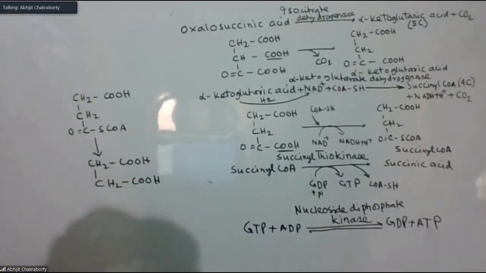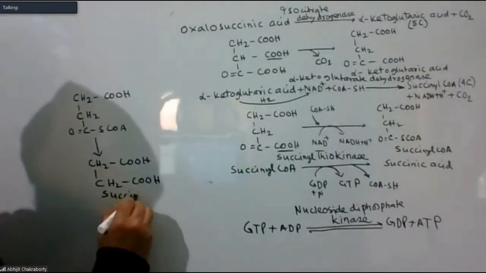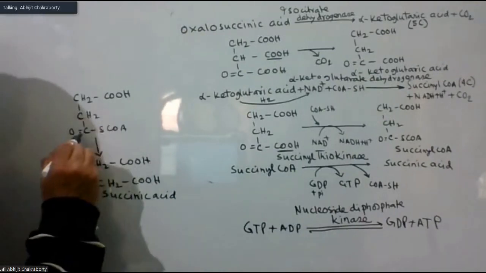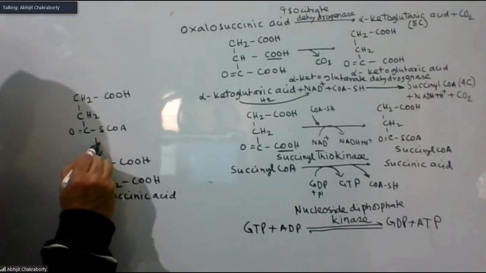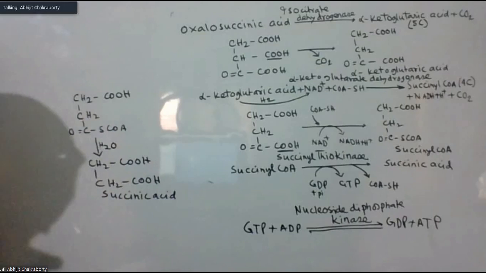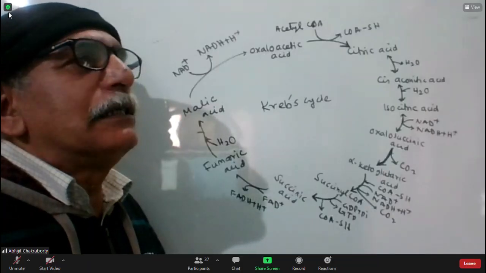This is the succinic acid. That means CH2, the CO is formed here. So here for condensation, 1 molecule of water is actually required. Tricarboxylic acid, hence it is also called TCA cycle.